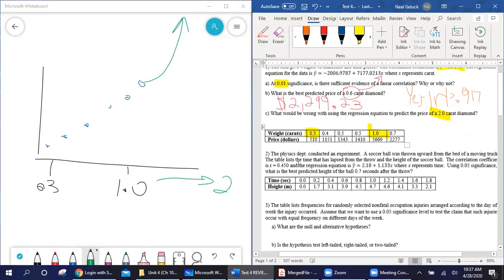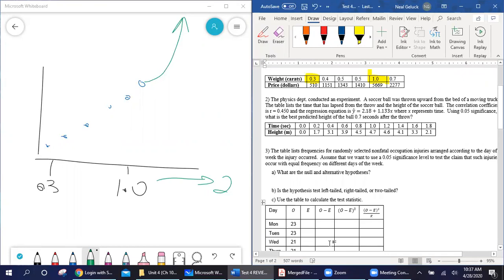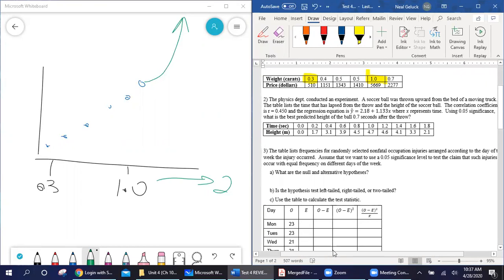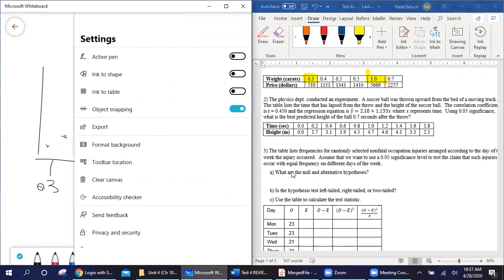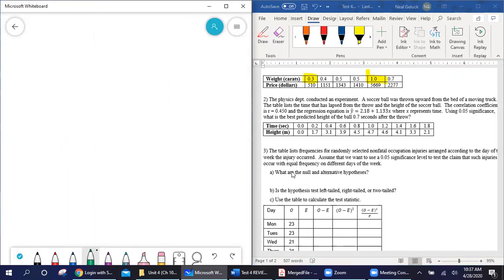For number 2, just like on the previous one, we first have to figure out, are we sufficiently linear? So I have to count how many I have, which if you count 1, 2, 3, 4, 5, 6, 7, 8, 9, there are 10.